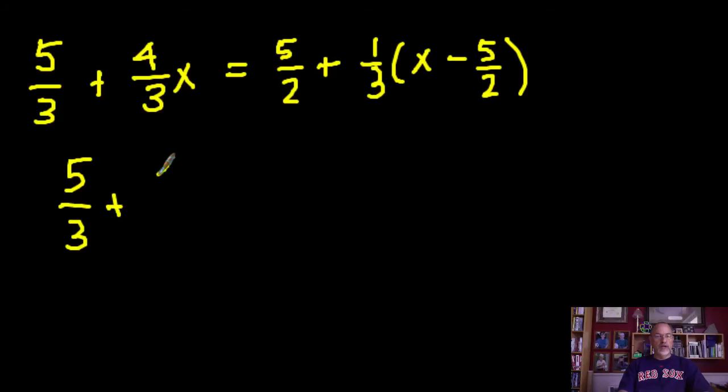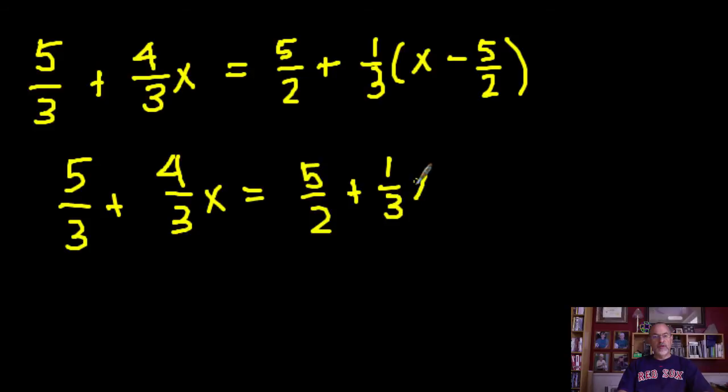We're not going to do anything to this side of the equation over here. We still are going to have our 5/2. Now 1/3 times 1x is 1/3 x, and then 1/3 times negative 5/2 is negative 5/6. So now that the parentheses are gone, what we want to do is determine the least common multiple of the denominators.